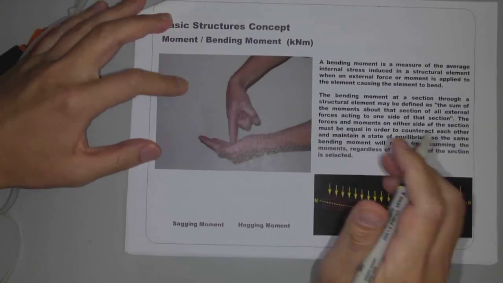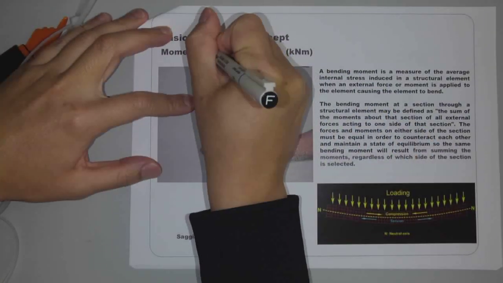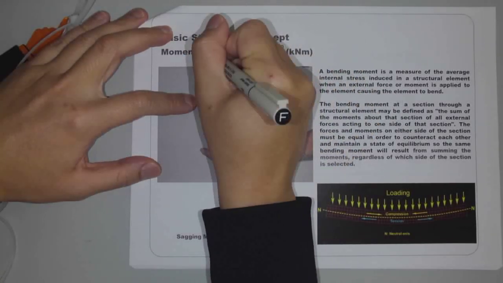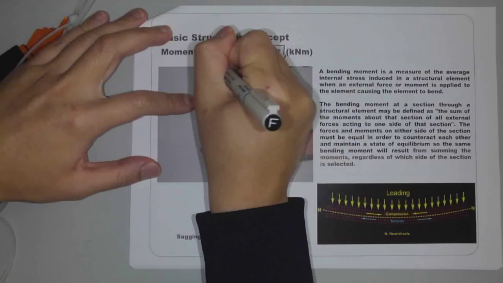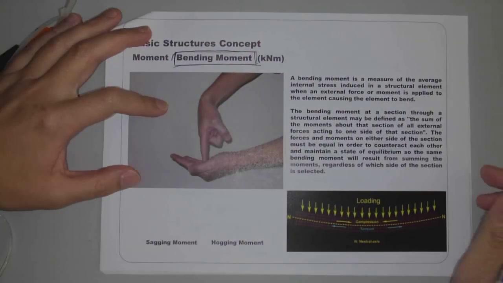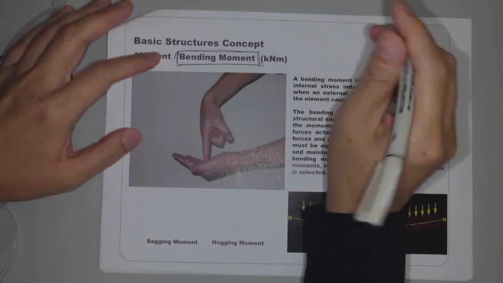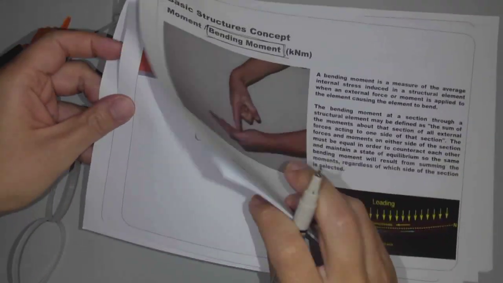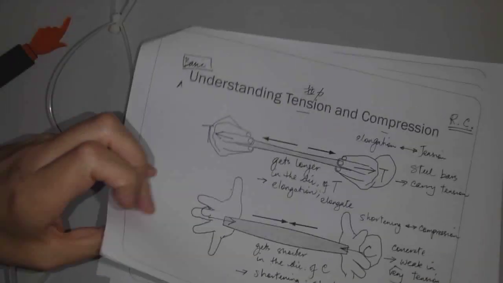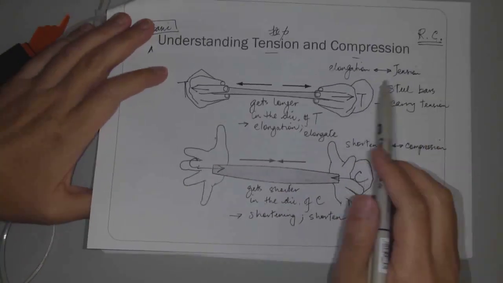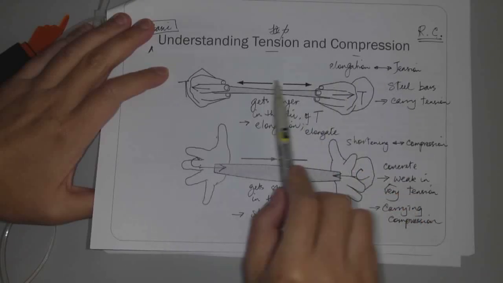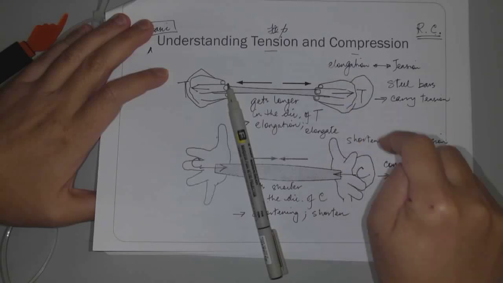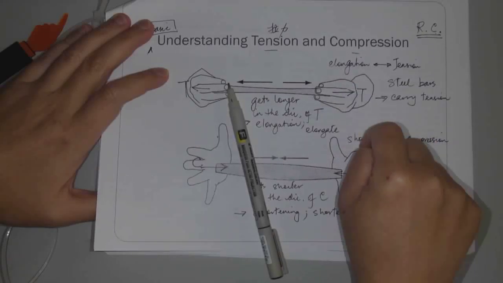And then we introduce the term bending moment. This is the main concept today. So what do we mean by bending moment? Right, we'll go back to this slide here. So remember what we said at the start. We said when something gets longer, 最初話咩話?